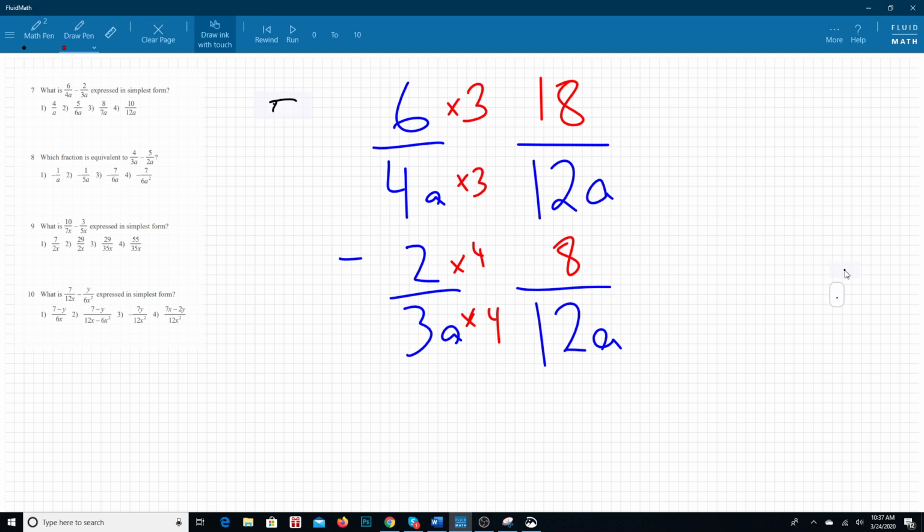And we're looking at a solution. It's going to be 18 minus 8 over 12a, which in this case would be 10 over 12a. Now that can be reduced.